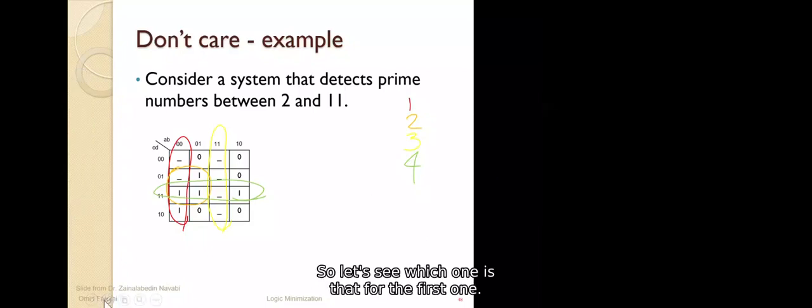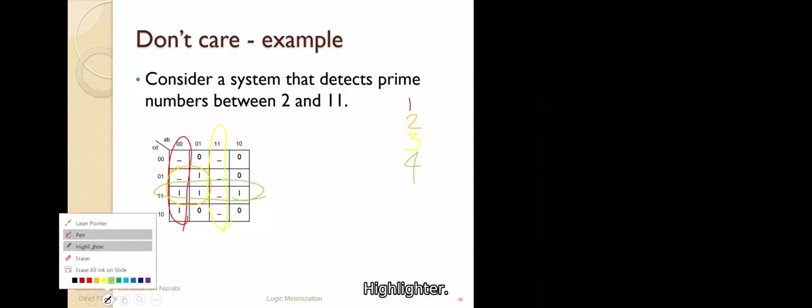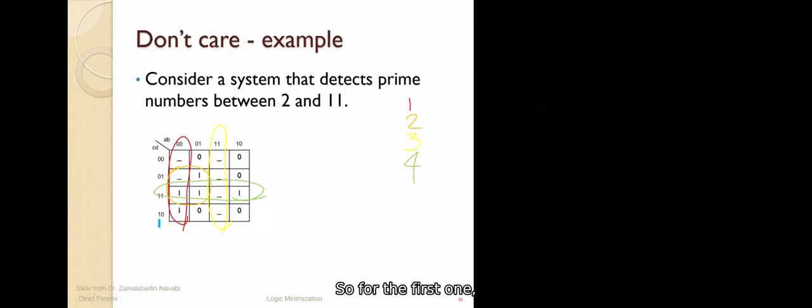For the first one, the red one, it has these 2 cells as dash. No, this one is already covered by something else. This one. What about this? No, nothing is covering this.